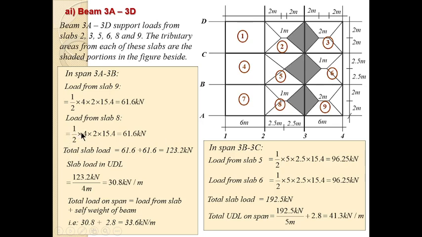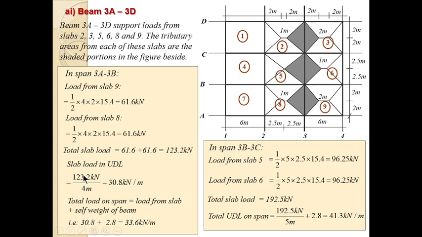So we do half base times height multiplied by the design load, and that gives us again 61.6 kilonewton. So the total slab load is now 61.6 kilonewton plus 61.6 kilonewton, which gives us 123.2 kilonewton. That is the concentrated load.